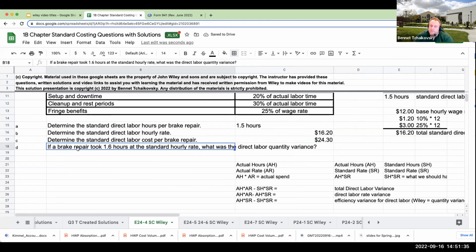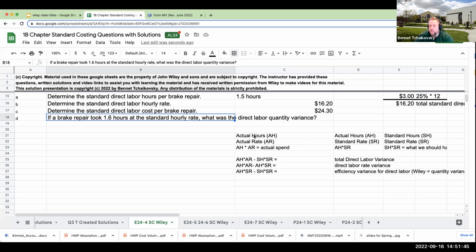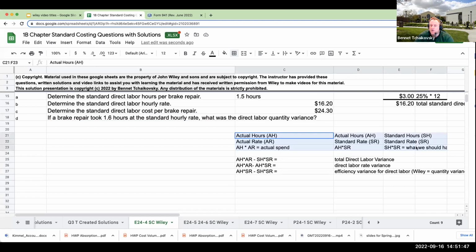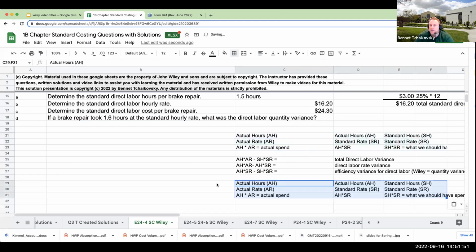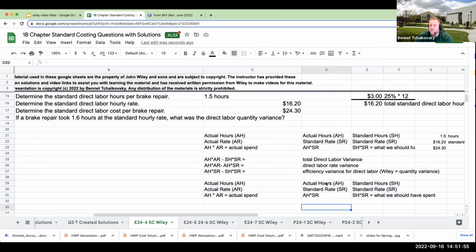Now over here, it says that if the brake repair took 1.6 hours at the standard hourly rate, what is the direct labor quantity variance? Okay, so let's take a look at this. What we're going to do is put in the information that we actually know.